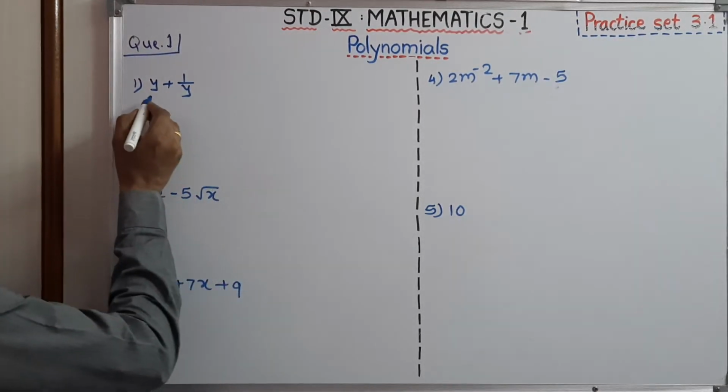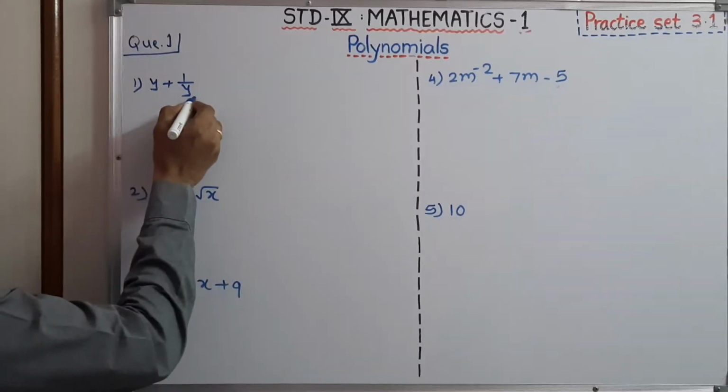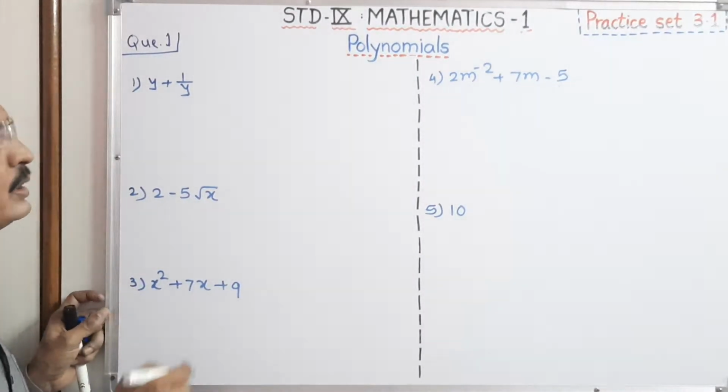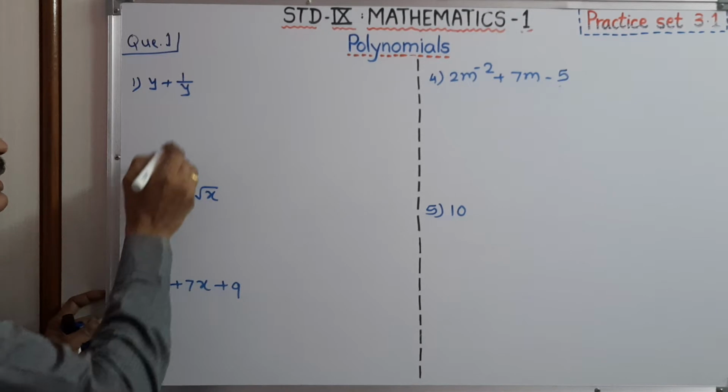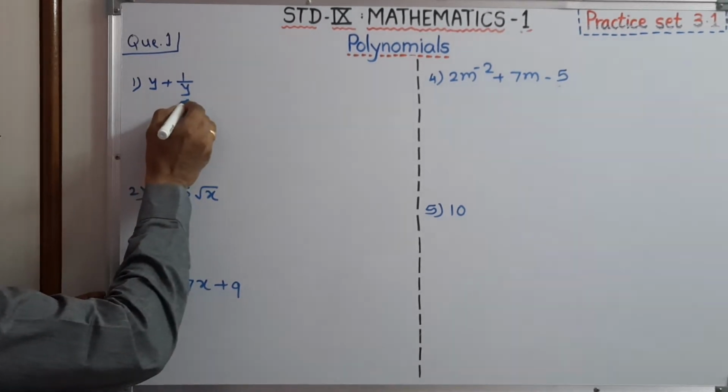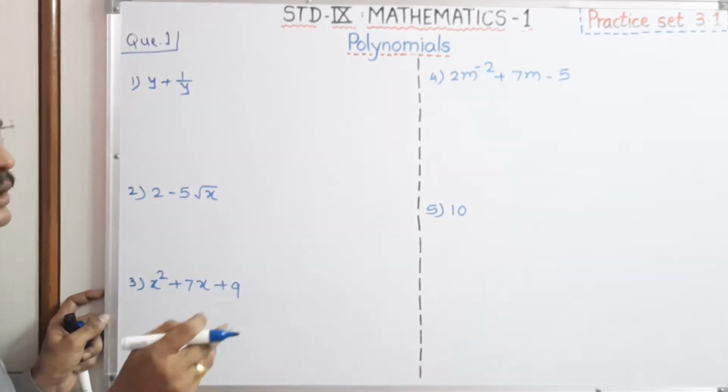See the first one, y plus 1 upon y. Dear student, here index of this y is 1, but index of this y is minus 1. Very good.